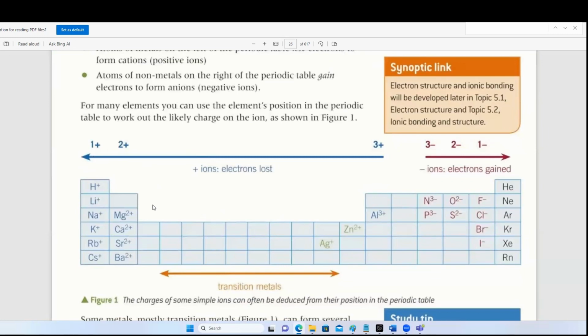It depends how close it is to which noble gas. For example, it's easy for magnesium to lose two electrons to become just like neon.